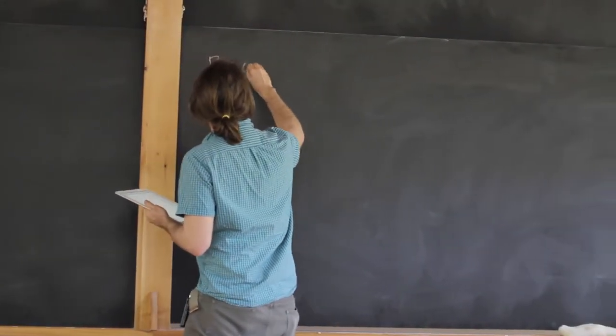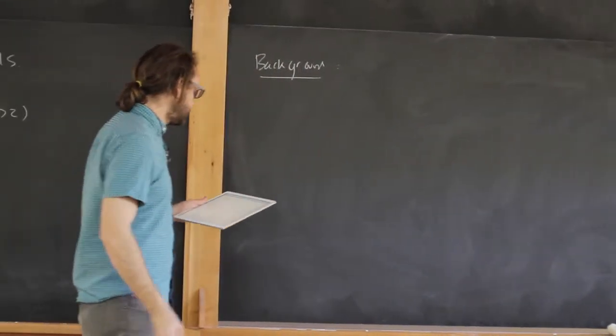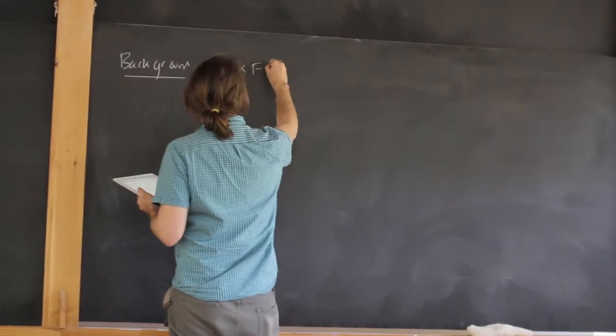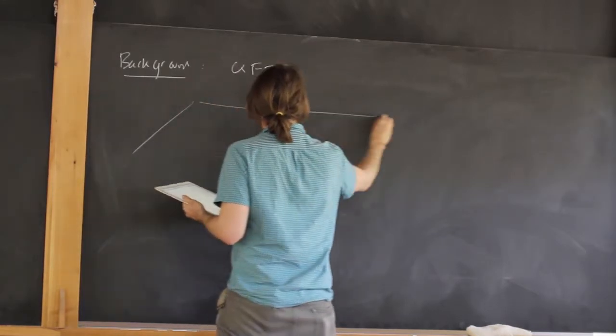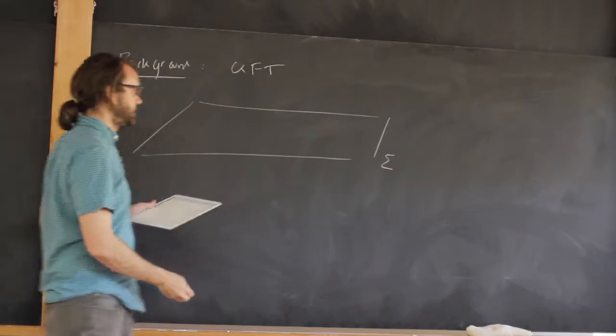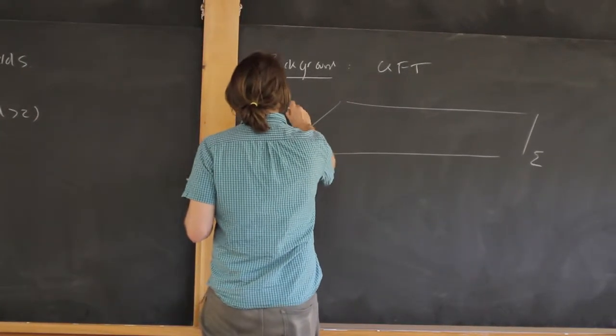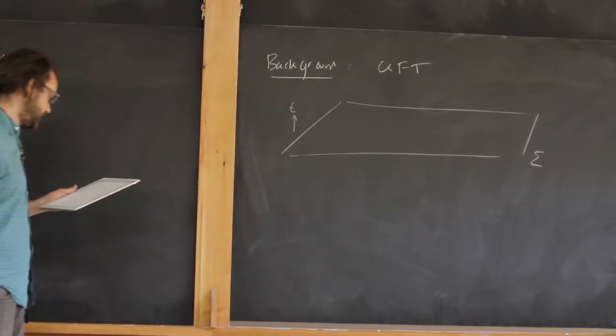The standard setup for entanglement in quantum field theory is the following. We consider a quantum field theory. It's useful to think of the Hilbert space of the quantum field theory as living on some time slice. So this is time, and we fix some Cauchy slice.